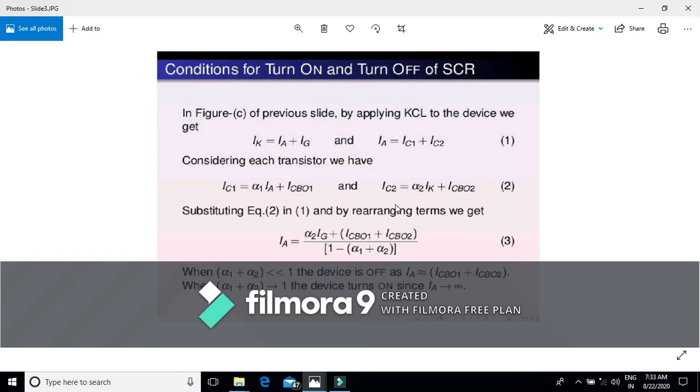And for the transistor T2, the collector current IC2 will be equal to alpha 2 IK plus ICBO2.